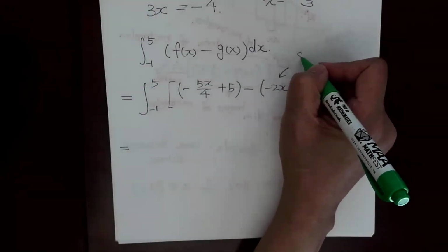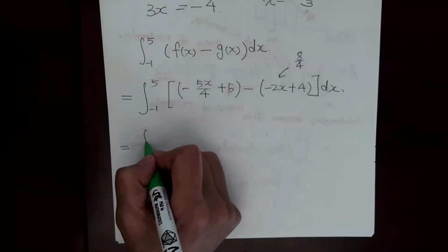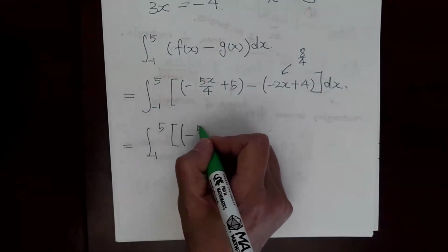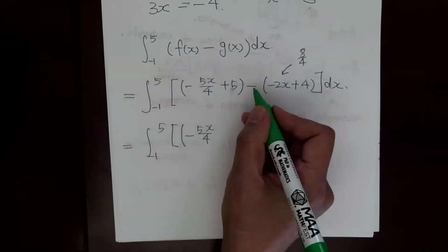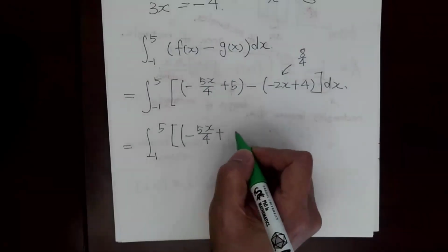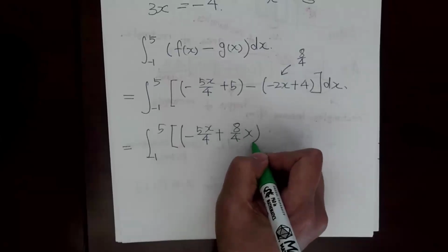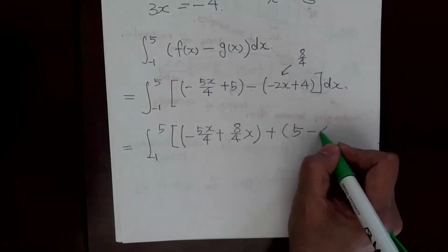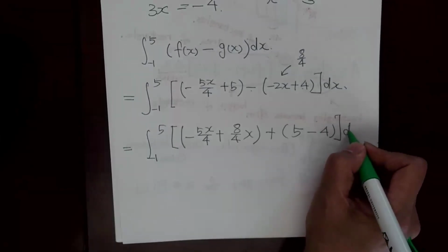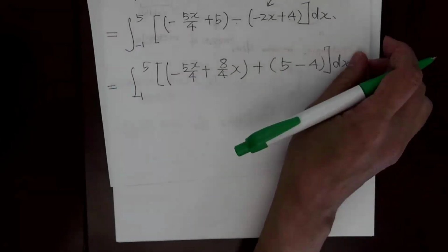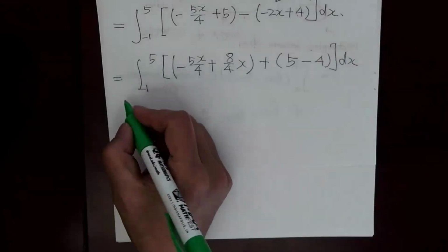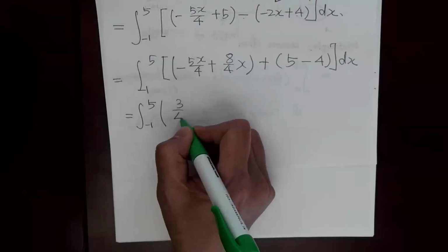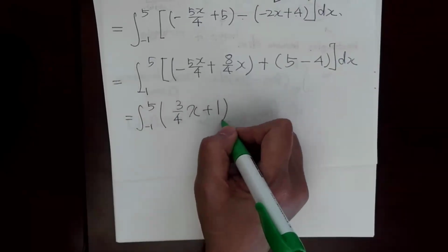And this one is 8 over 4. Integration from -1 to 5 of minus 5x over 4, minus times minus will make plus 8 over 4 x, plus 5 minus 4, dx. So that is the integration from -1 to 5 of 3 over 4 x plus 1 dx.